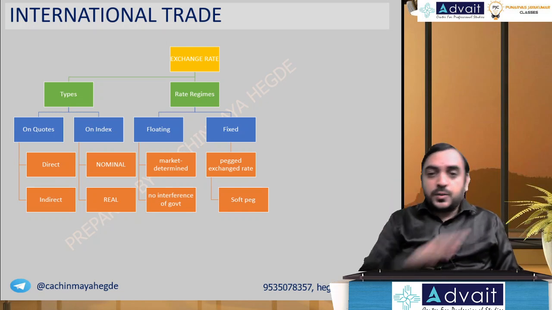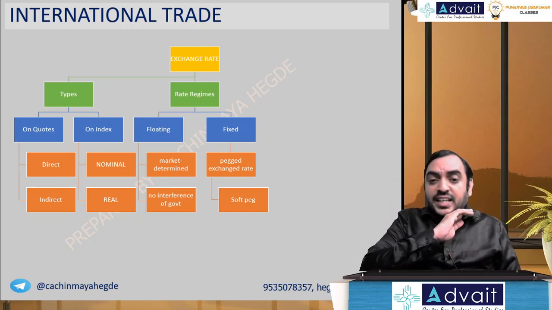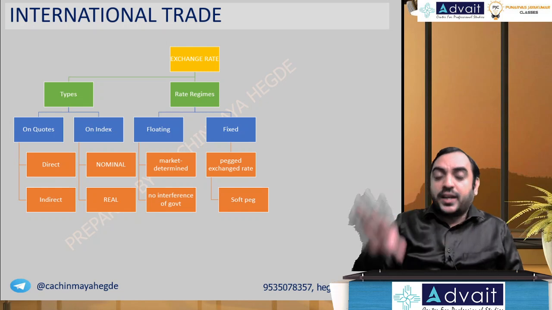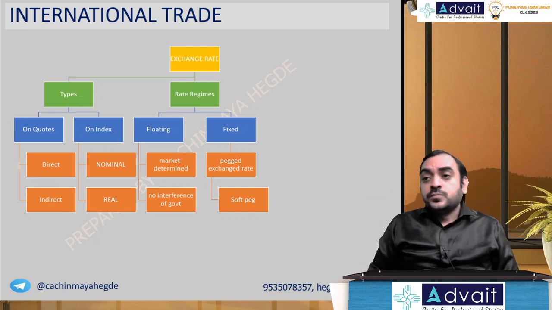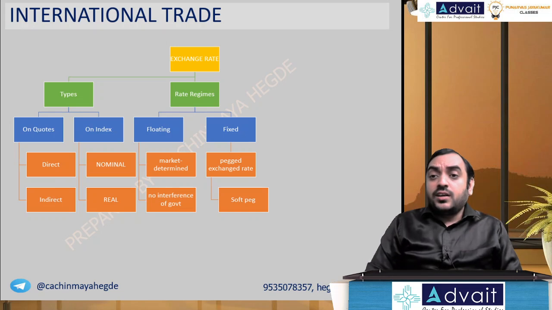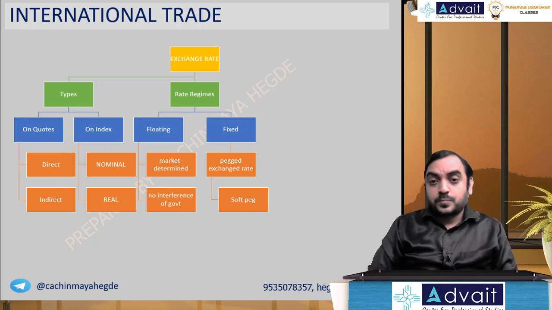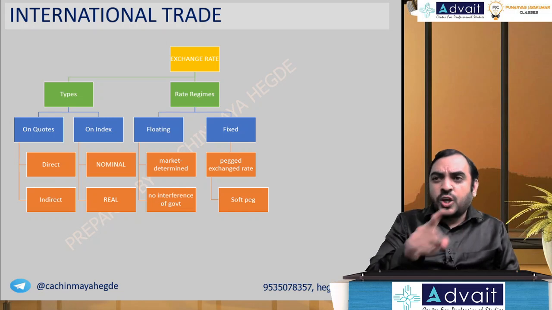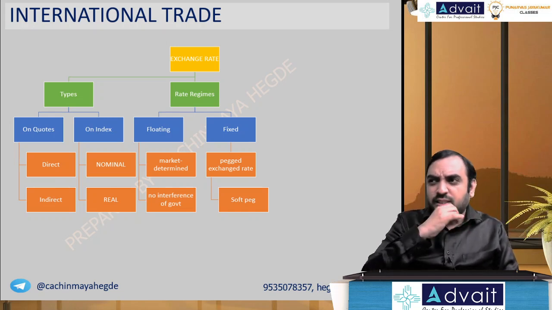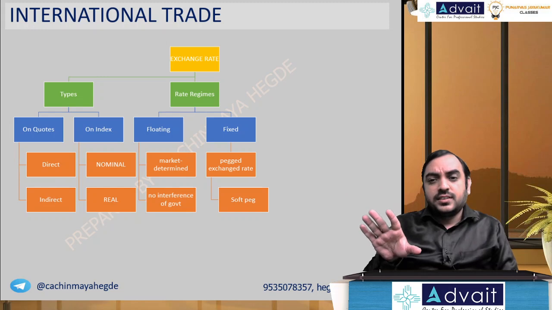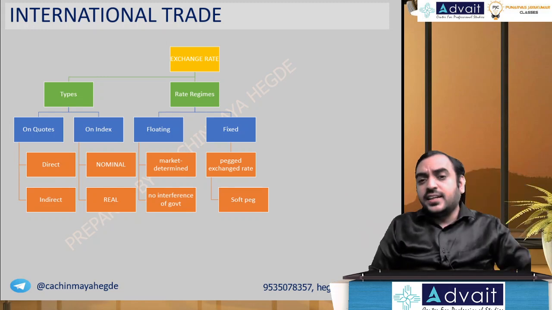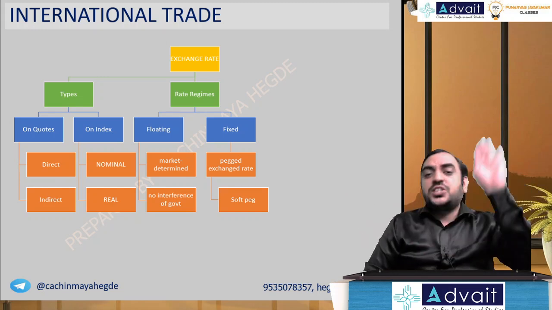Fixed regime means the rate is fixed, a soft peg. Don't think of some other peg. For example, US dollar and Arab dirham, AED. That is, $1 is some 3.7 or something like that. It's fixed. They review it once in many years, till then it is fixed. It does not change.